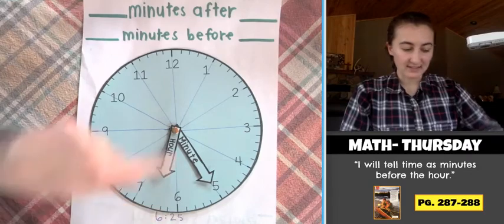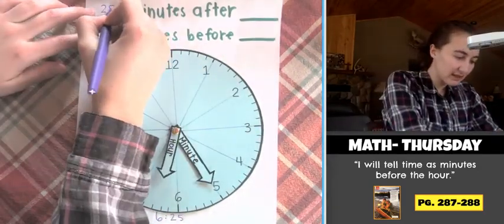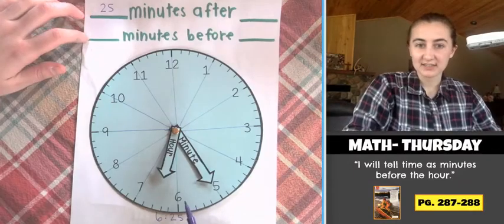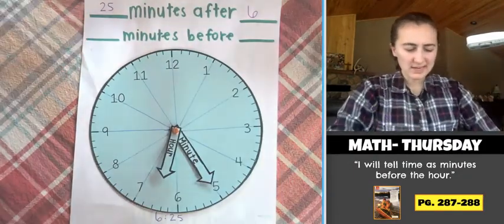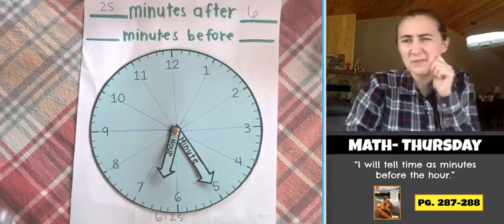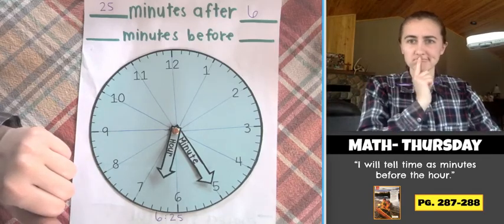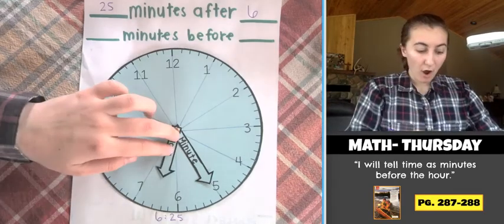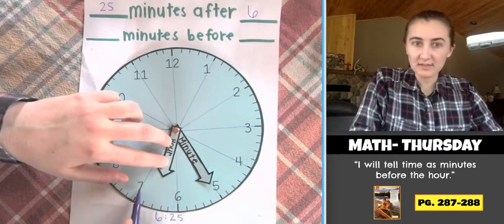I know that is 25 minutes after 6 o'clock. But how many minutes is that before the next hour? Well, first off, what is the next hour? The next hour is the next one in line.